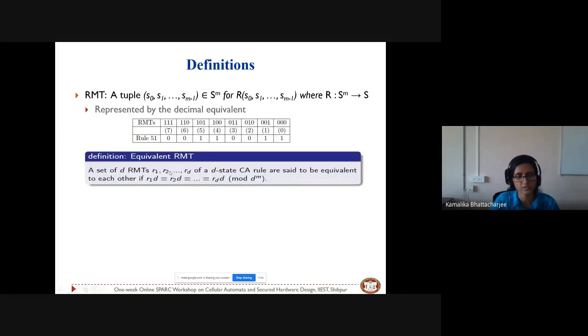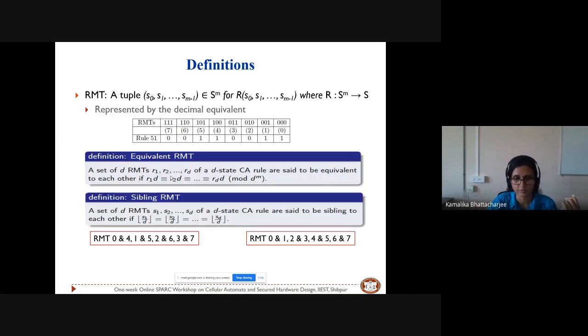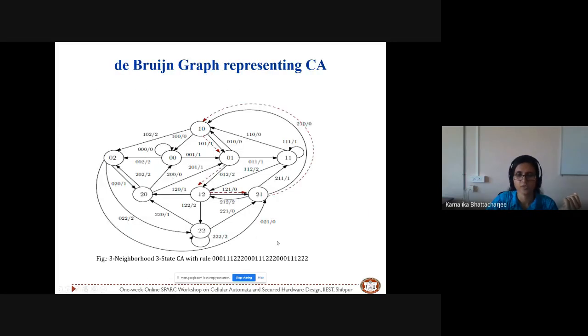We can find some RMTs which are equivalent to each other. Why are they equivalent? If you look at the divergent graph representing CA, we can see that for each node there are some incoming edges and some outgoing edges.